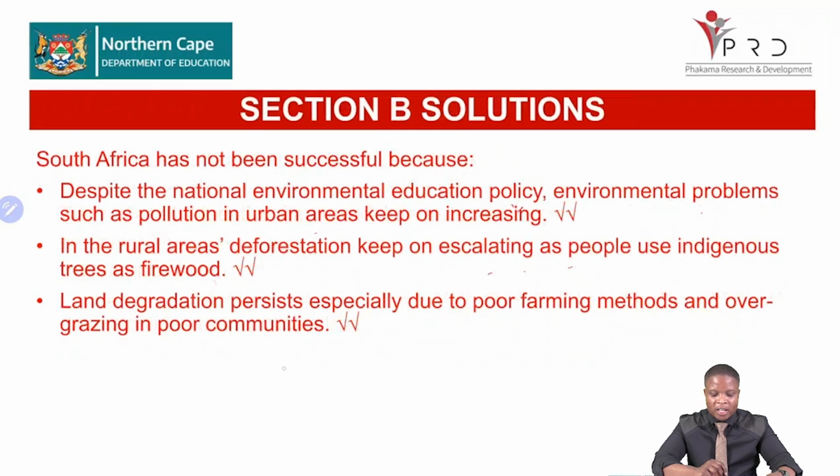Land degradation persists, especially due to poor farming methods and overgrazing in poor communities, right? So you can look at the successful and not successful. You can write 2 of successful and 2 of not successful, or 3 and 1, as long as you are saying relevant information that matches what you are asked.